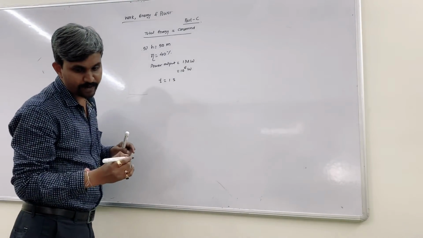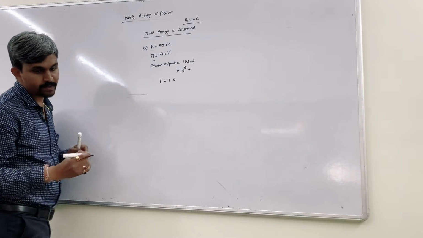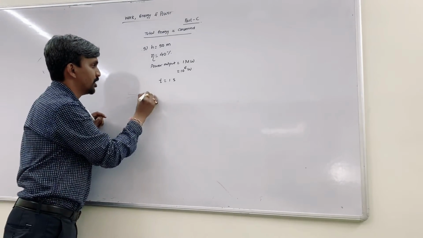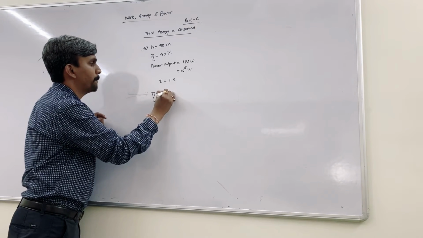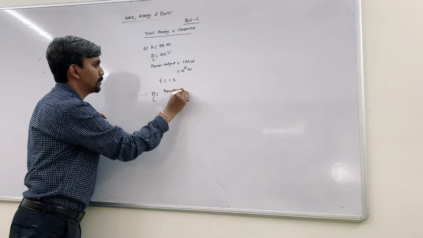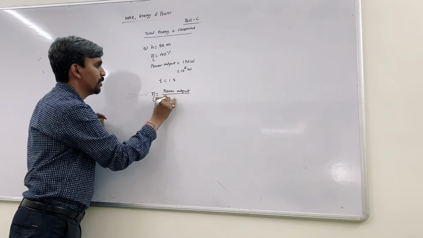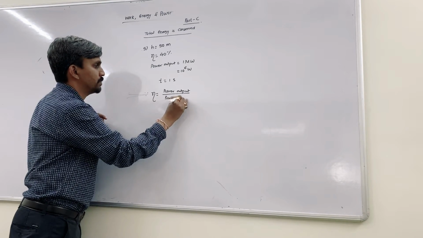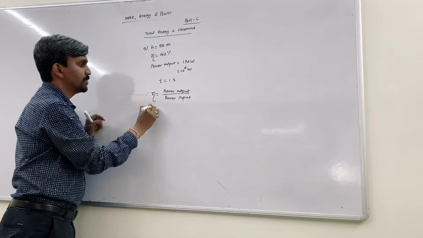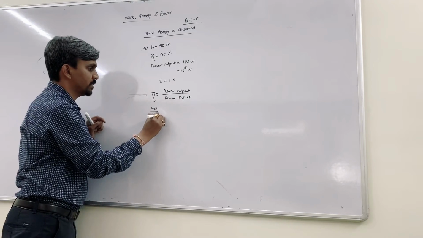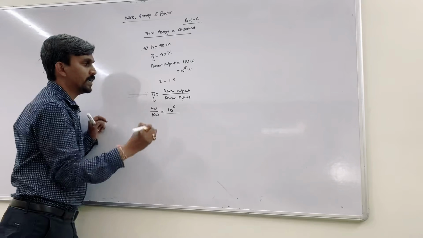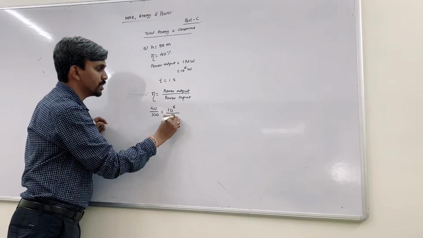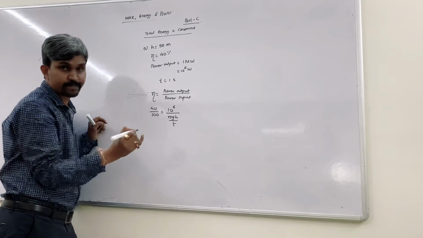What they want is the mass. Now check, what is efficiency? It is equal to power output upon power input. This efficiency is 40%, so 40 by 100. Power output is 10 raised to 6 watt. Can I write power input as work input upon time?